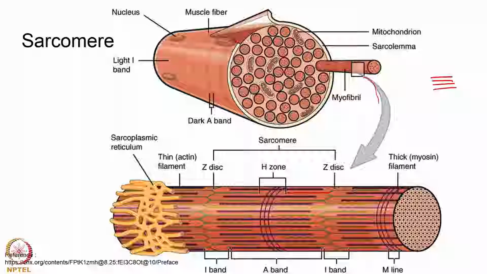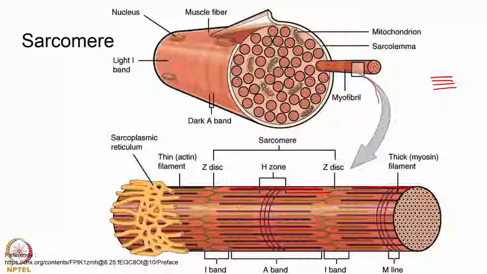So, these stripes are basically composed of alternating dark and light bands. The dark bands are formed due to the visible thin and thick filaments together. So, there are two kinds of filaments within these. One myofibril is composed of several dark bands.